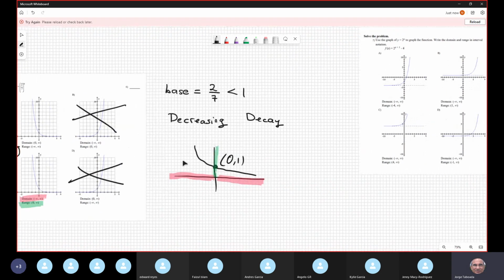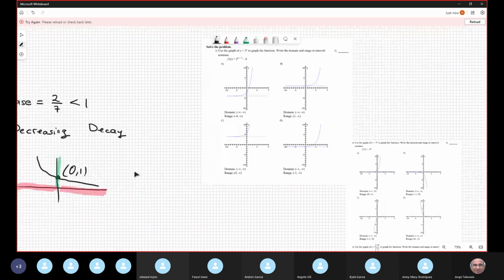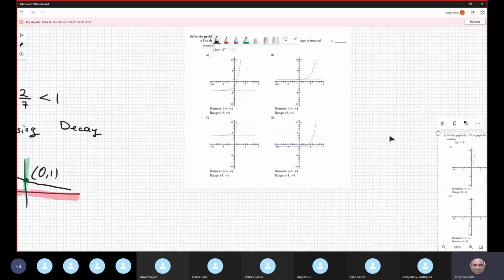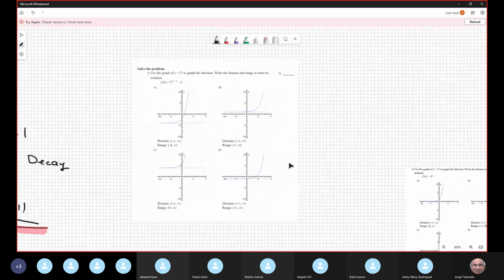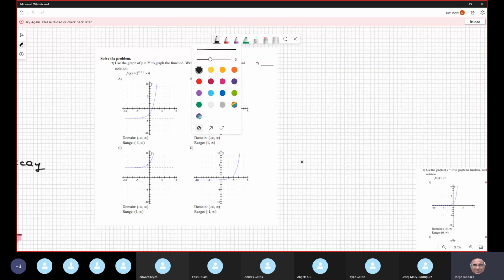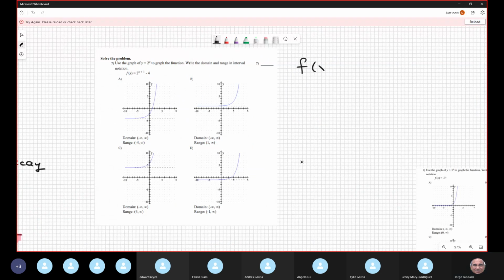Moving on to question 7. We continue analyzing exponentials. This exponential is f of x equals 2 to the x plus 1, minus 4.